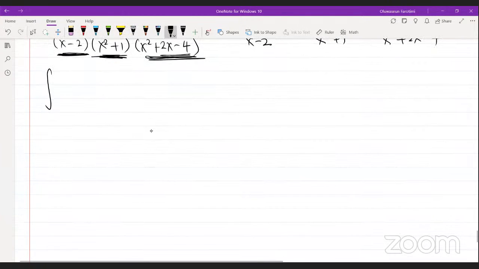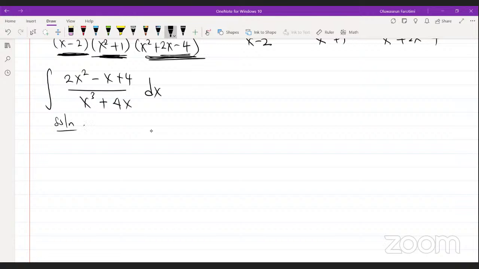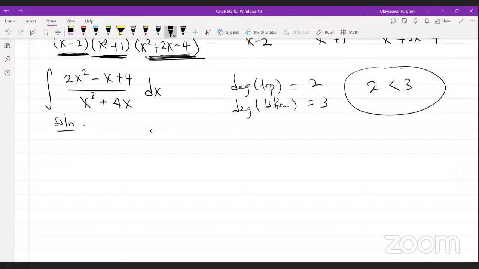So it's all going to make sense when we do an example right now, guys. In this example, our main interest is this one. What do I do in this case? Where do I start from? You check the degree of the top. The degree of the top is 2. The highest degree of the denominator is 3. 2 is less than 3. Remember, you factor Q as much as possible.